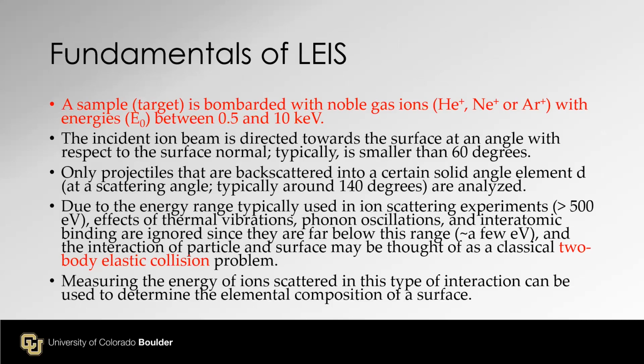Okay, basics of LEIS. The sample target is bombarded with noble gas ions, helium plus, neon plus, argon plus, with energies E0 between 0.5 and 10 keV. It's much lower than RBS. The incident ion beam is directed towards the surface at an angle with respect to the surface normal, typically smaller than 60 degrees.